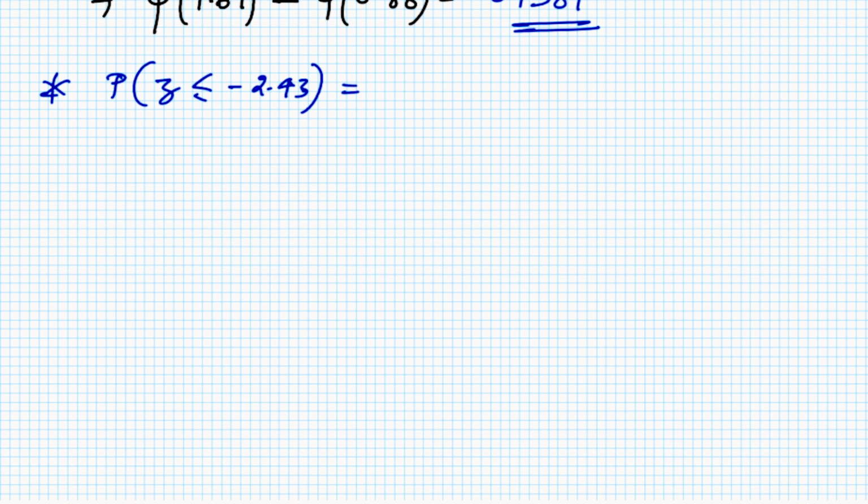Okay, 2 answers we have. Swapnil says 0.0075, Ruchi 0.9925. All right. Let's see. So Priyankar 0.0075, same with Pratik.